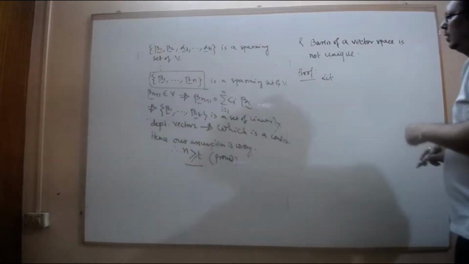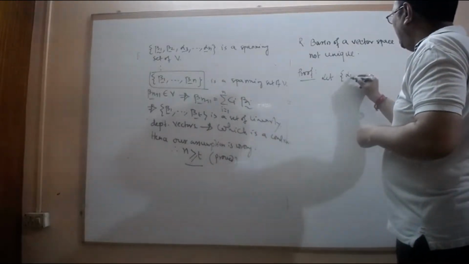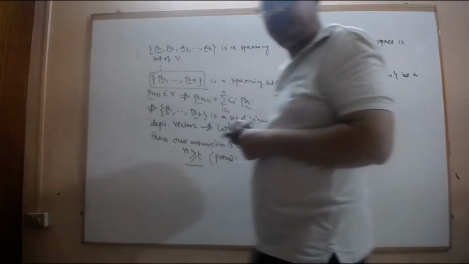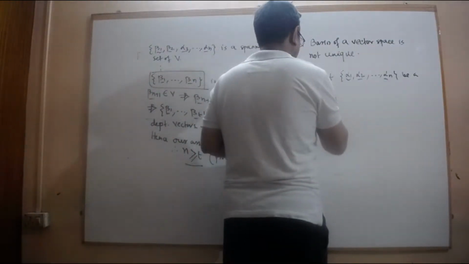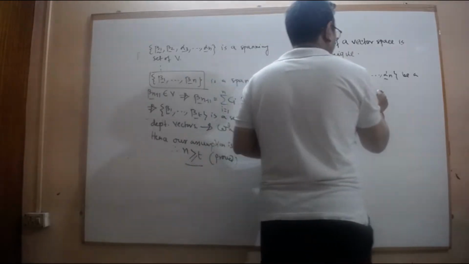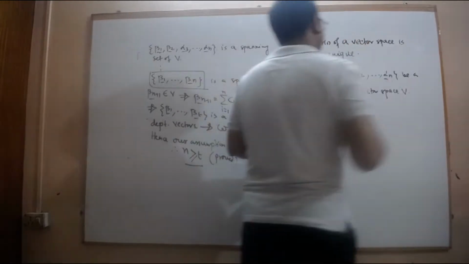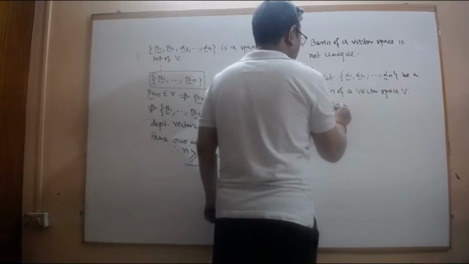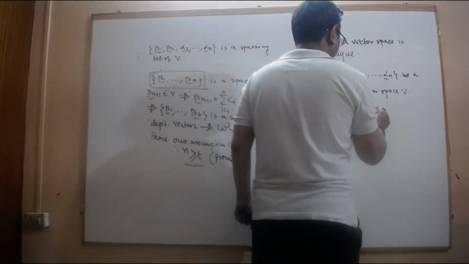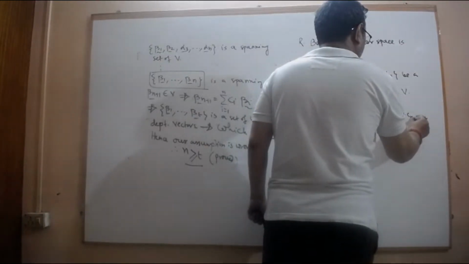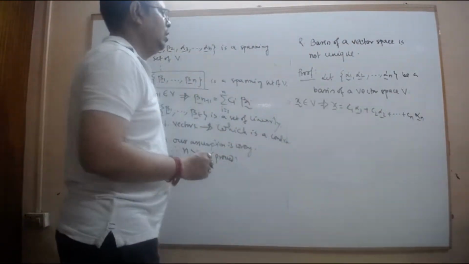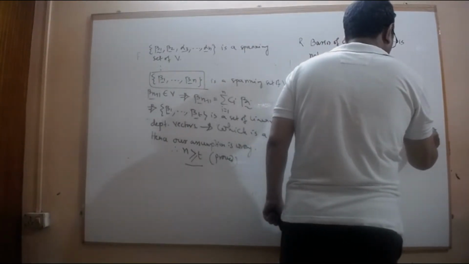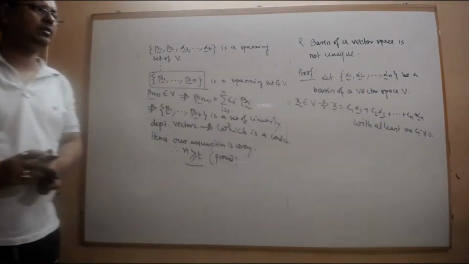Let alpha 1 curl, alpha 2 curl, alpha n curl be a basis of a vector space V. So any vector, say x curl belonging to V, can be written as a linear combination of these vectors with at least one Ci not equal to 0.